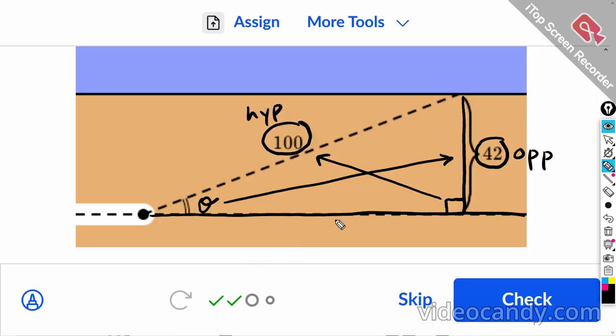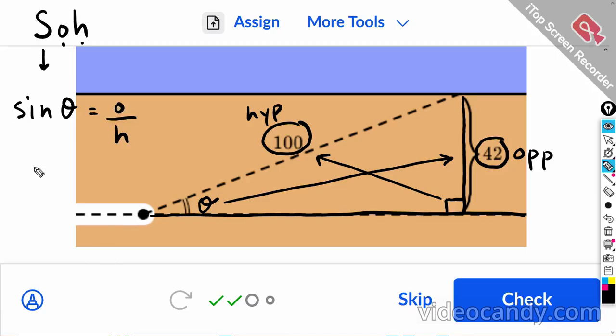You can label this adjacent, but really you don't need it. And this looks very similar to the last problem. We want to find the trig function that uses opposite and hypotenuse, O and the H. So clearly it is the sine function. All right, sine of the angle theta equals opposite divided by hypotenuse.